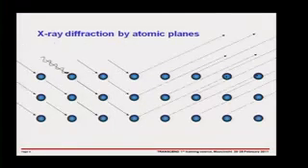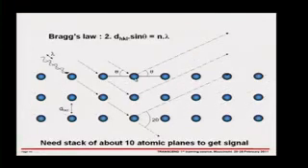And you have X-rays that come in, X-rays that are strongly diffracted in certain directions, and these directions in which you get this constructive interference, you get this diffraction peak, are given by the spacing of the planes according to Bragg's law, which is the most simple interpretation of X-ray diffraction, which imagines that you've got this reflection, and when you have a whole number of wavelengths difference between the X-ray beam here and the X-ray beam here, which is given by this condition lambda equals 2d sine theta, then you get a positive diffraction.